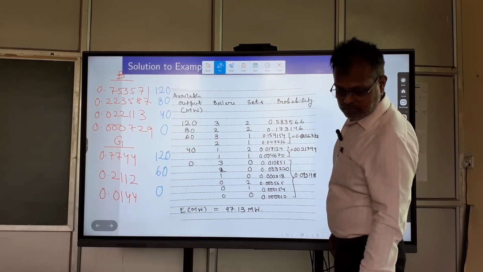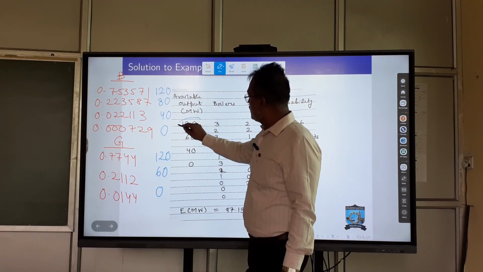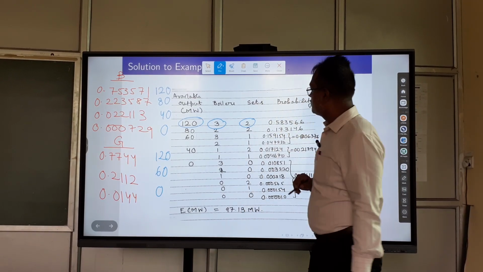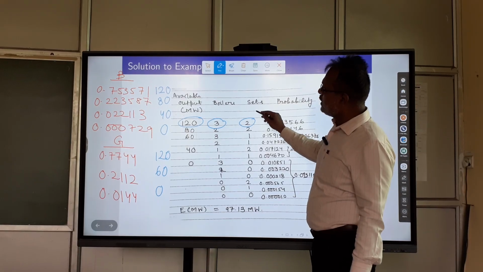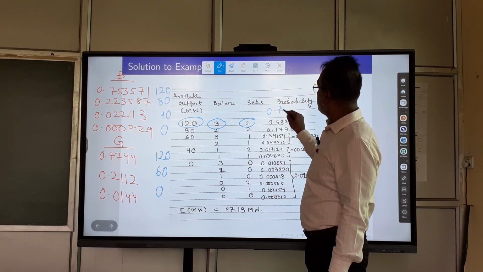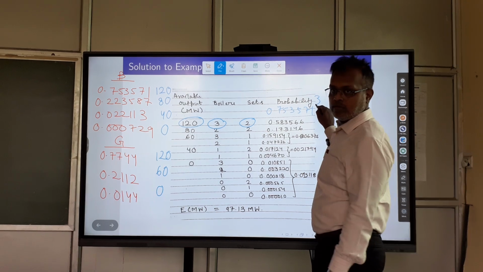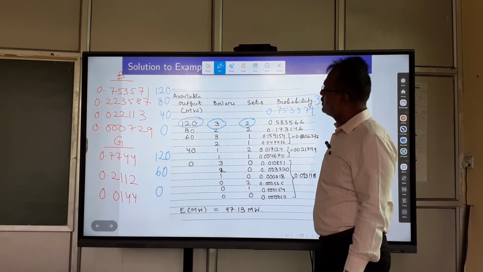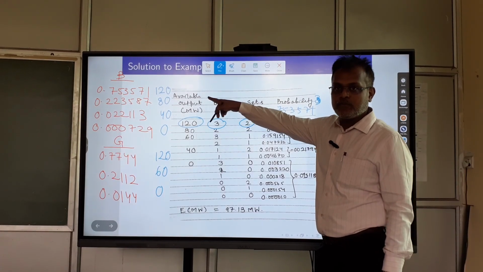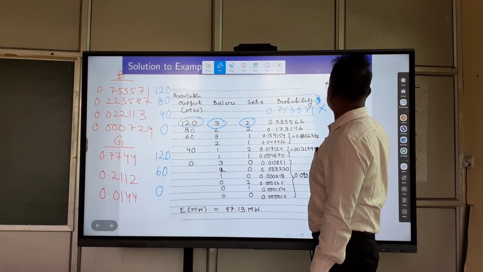So for the capacity 120, all 3 boilers should be up and all 2 generators should be up. That means it will be 0.753571 into 0.7744.